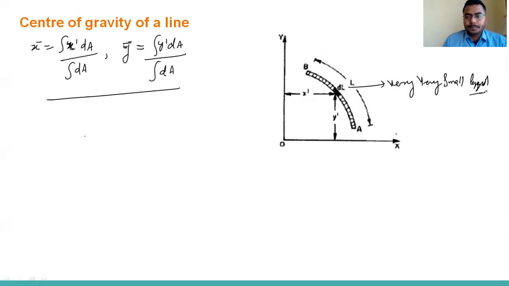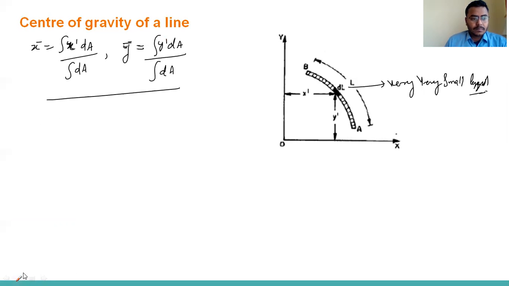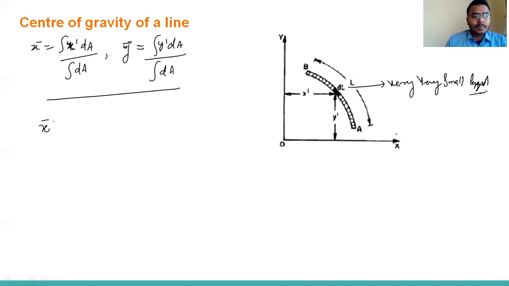Now we can calculate x bar. We replace dA by dl: x bar equals integration of x dash dl divided by integration of dl.